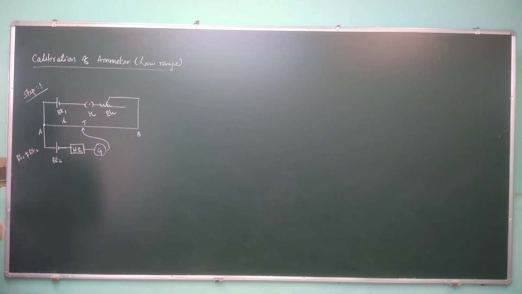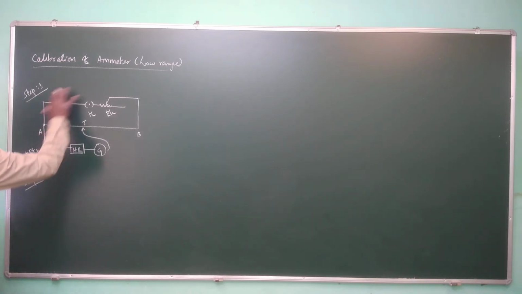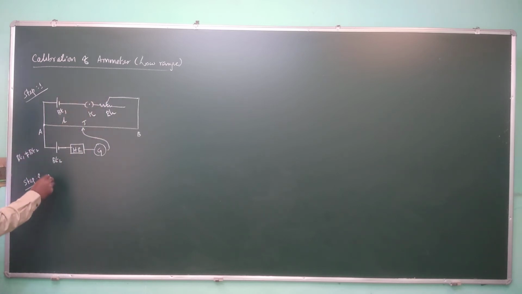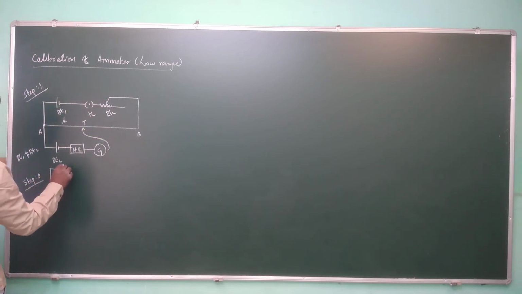That point is L. That we can calculate, right? This is step 1, and step 2. The top of the circuit will be the same, the bottom circuit will be slightly changed.